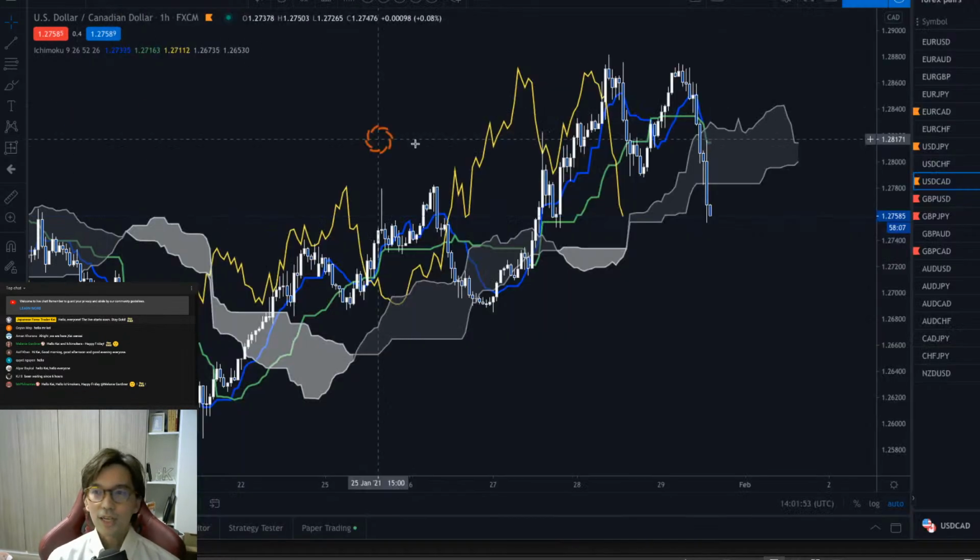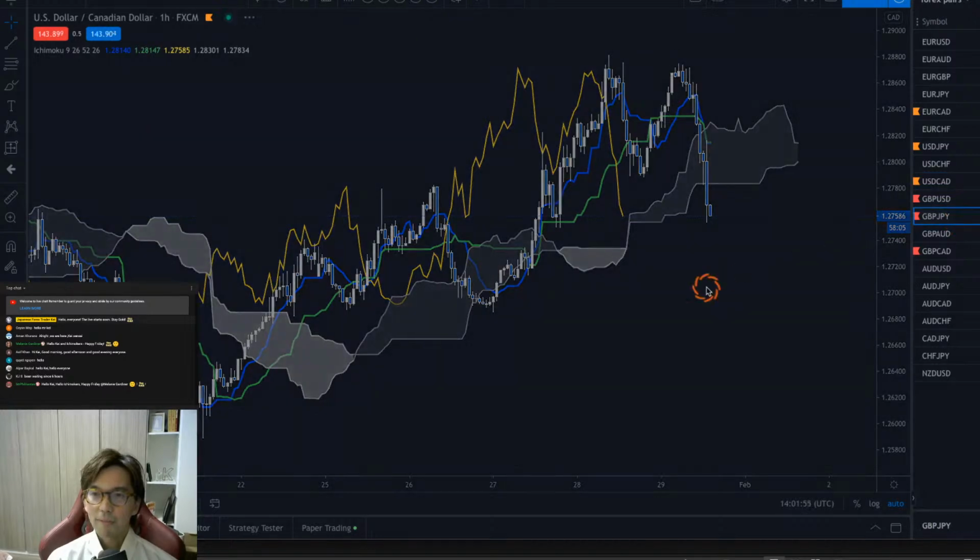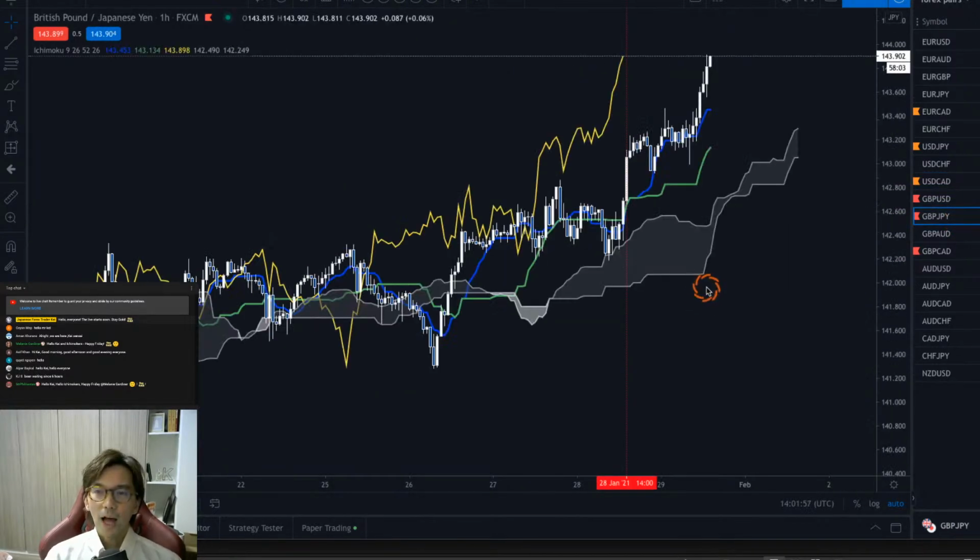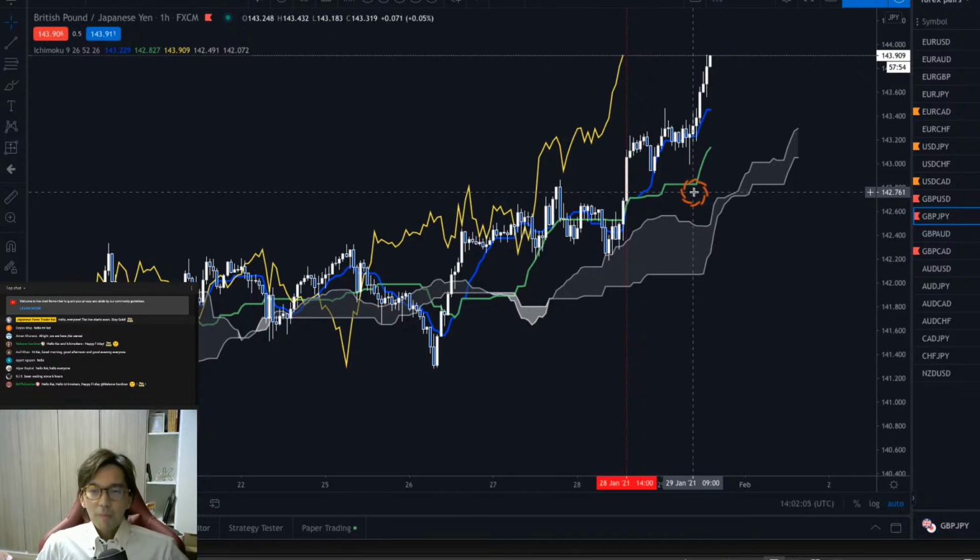I was looking at the pound JPY today also. I'm buying this one right now and I'm still running profit. I was buying pound JPY yesterday also, but the market went backwards and I got 13 pips of profit yesterday, and today I'm buying it and still in uptrend.